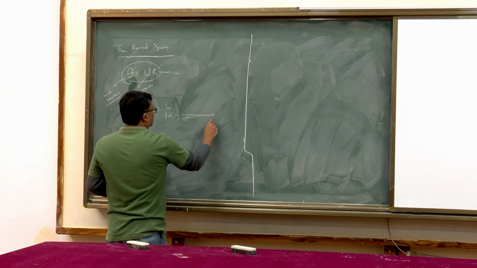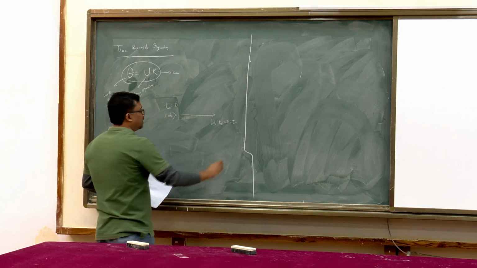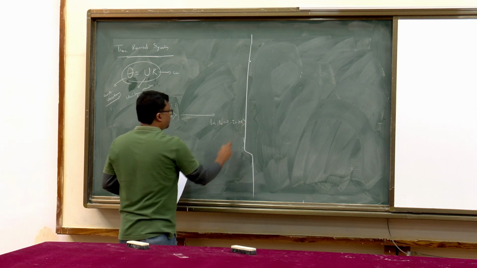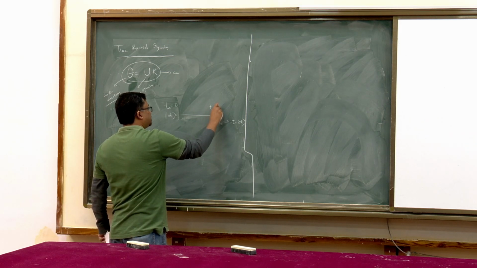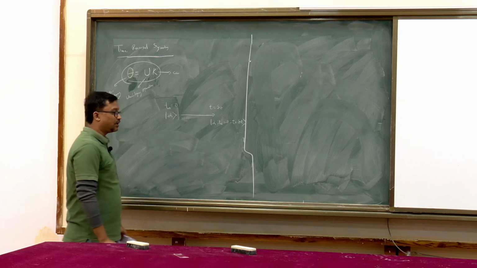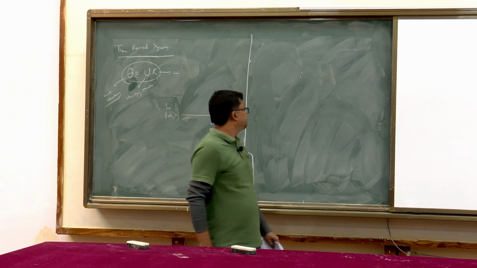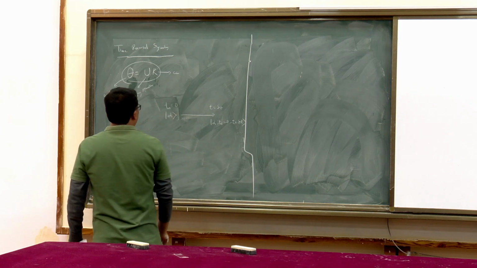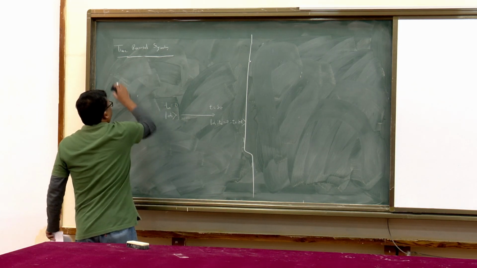So, this is my state alpha that has started at t0 equal to 0 and evolved to time t equal to delta t. Now, I am going to do two different operations with this.